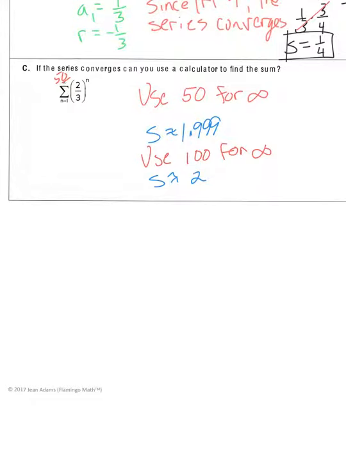And then if you do it algebraically, you're going to use the formula we used above because it's an infinite series. So sum is equal to, and it's converging, your a sub 1 is 2/3. That's your first term if you plug in 1 up there, divided by 1 minus 2/3. 2/3 is our r.